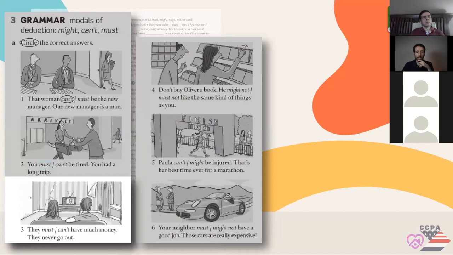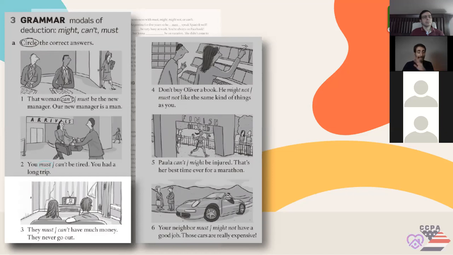Santiago, can you help us out here? They can't have much money. Correct, correct. They can't have much money.